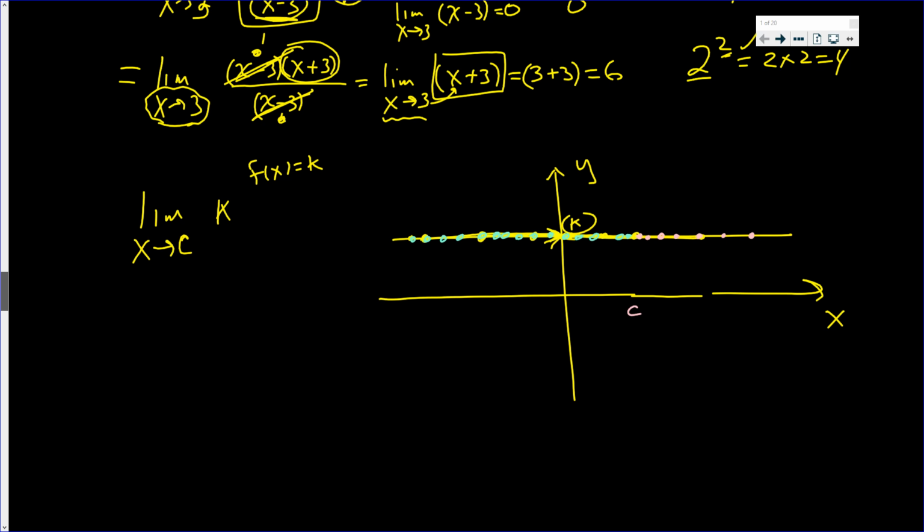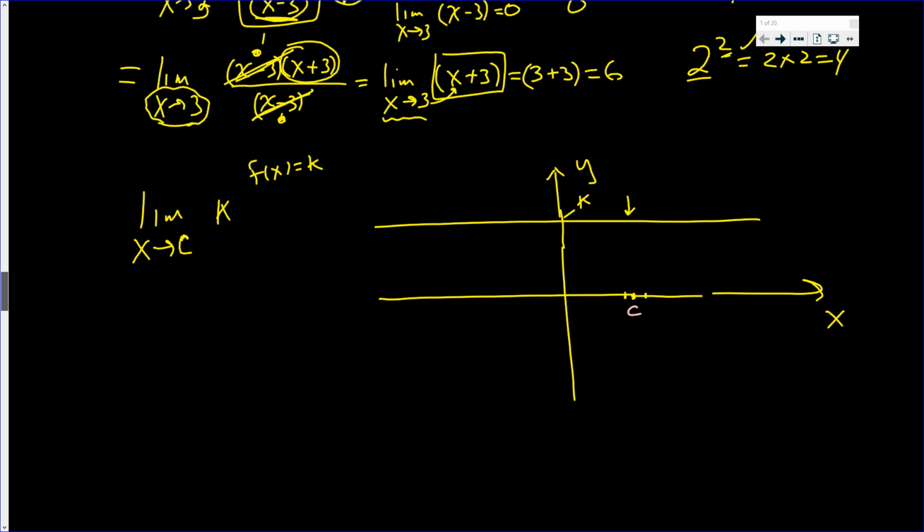Let me try this again, just in case it sounded confusing. So here is c, here's a little bit less than c, here's a little bit more than c, and y is always k. Right at that point, whether that point's on the graph or not, I'm just saying that's right above c.